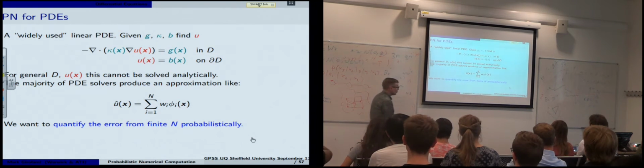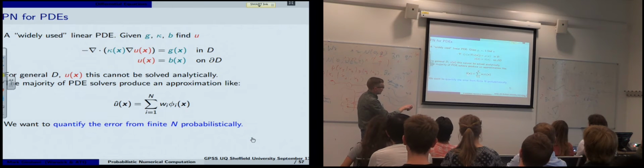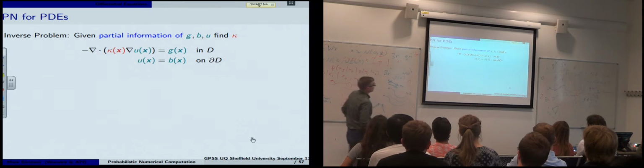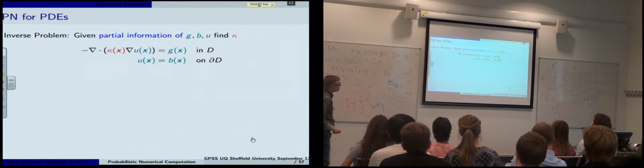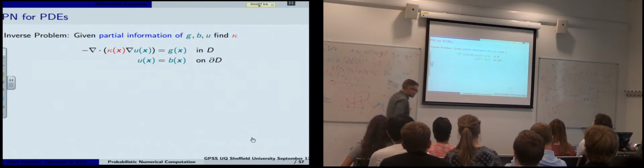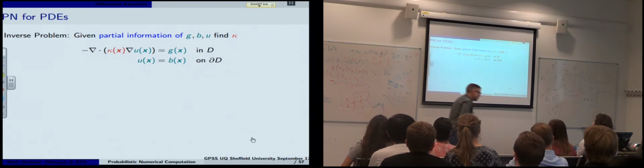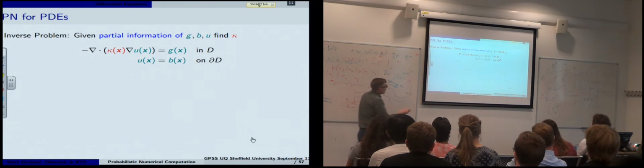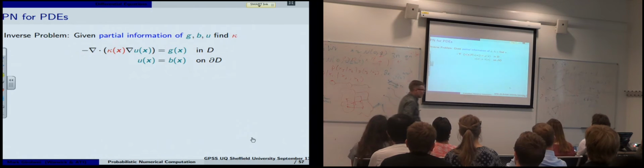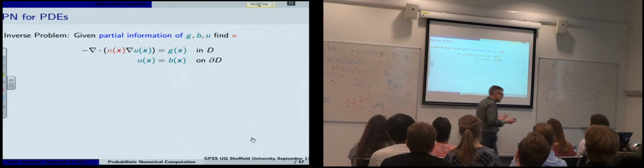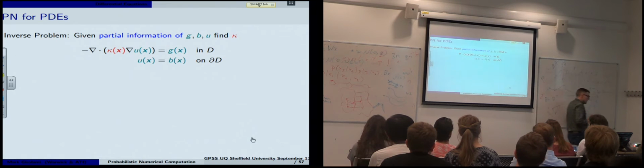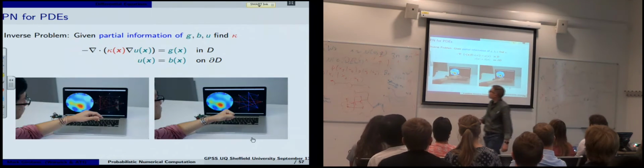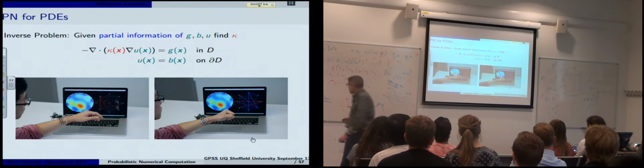Now what we want to do is quantify the error in u hat and do that probabilistically. So the inverse problem, the Bayesian posterior problem, would ask, okay, I don't know what kappa is. I want to know what the posterior distribution of kappa is given some noisy measurements of u. There are lots of examples of this.